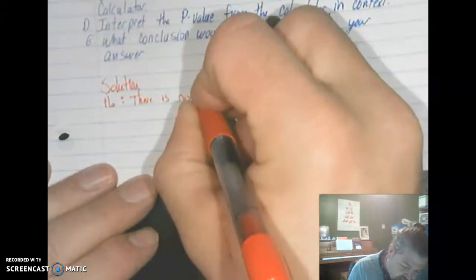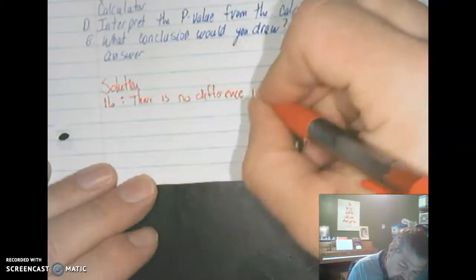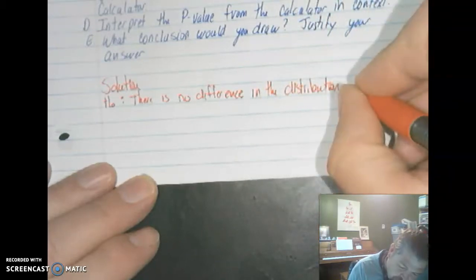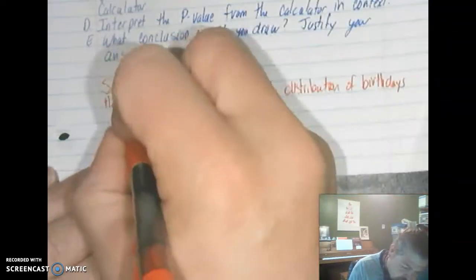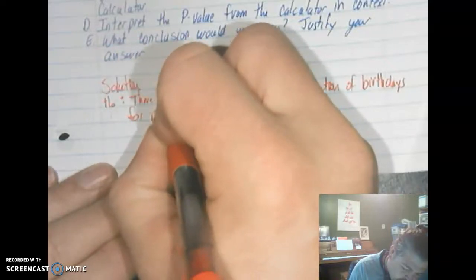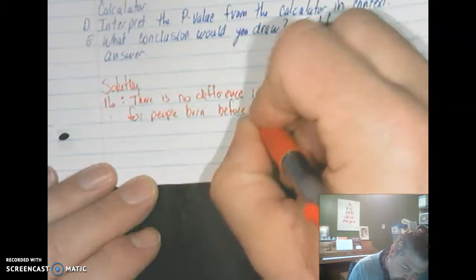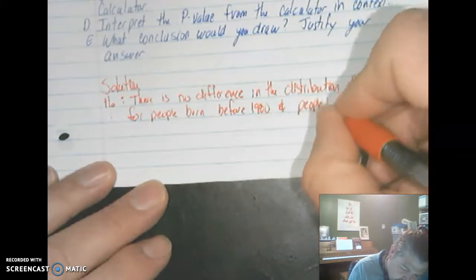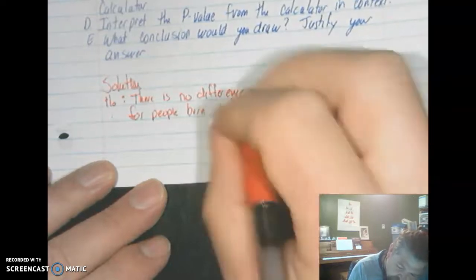We're going to say there is no difference, because we're dealing with a two-way table, in the distribution of birthdays for people born before 1980 and people born after 1993.